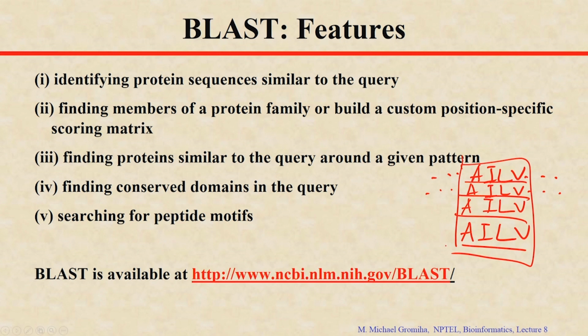You can see whether there are any patterns for your query sequence with respect to the sequences available in the database. Then also you can search for peptide motifs, whether you have any specific motif in your protein as well as in the proteins available in the database. You can use BLAST to get all the information.